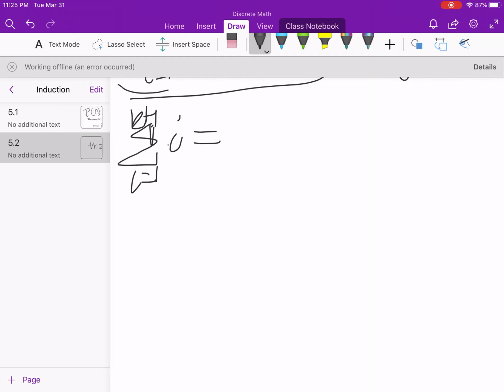Now, if it's been a while since you've worked with sums, or maybe you haven't done a lot of work with sums, something we can actually do, right? See, this goes all the way to K plus 1, but I could really think of that like this. If I take that K plus 1 outside, then I just add it on to the end, like so, right?